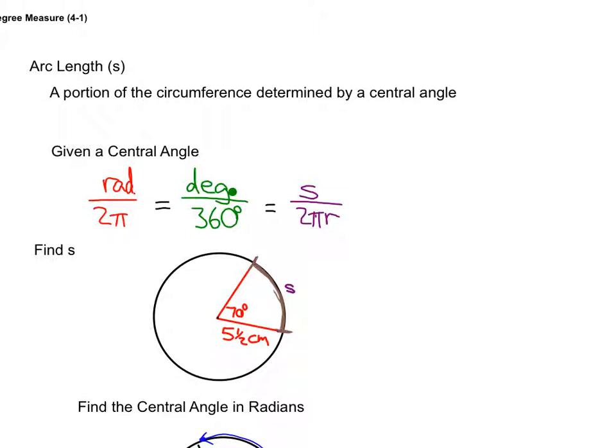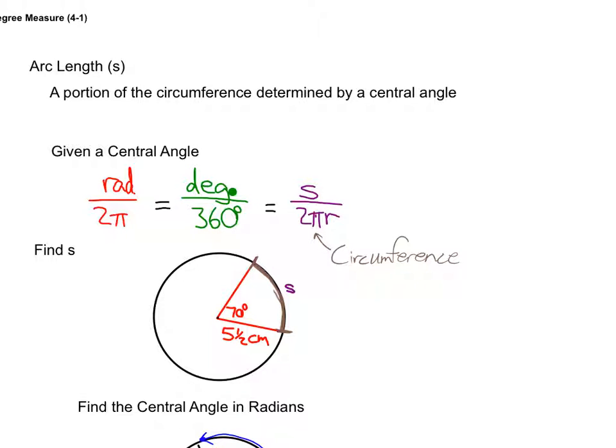Essentially, we're finding the ratio of the circle that we're dealing with, and that's going to equal the same ratio of the arc length to the entire circumference. 2 pi r is our circumference. You can use pi d as well, but we're typically given the radius. So we're just setting up a proportion.